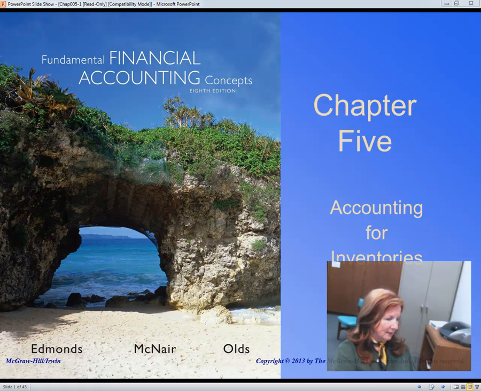So at the FIFO, first in, first out, inventory cost flow assumption, at the top of page 273, you have a beginning inventory, you have two purchases, you have sales. And that's what your problem's going to give you for your Excel problem.